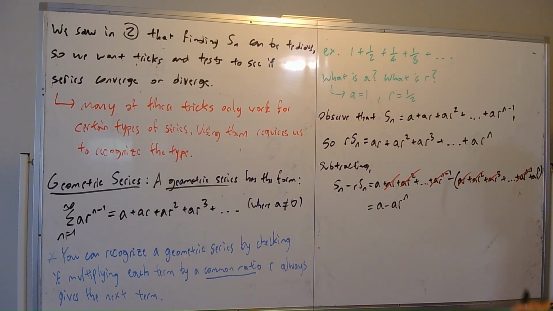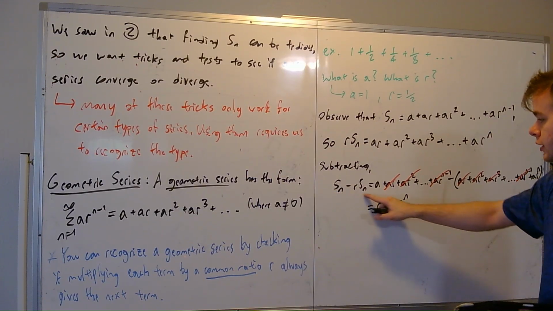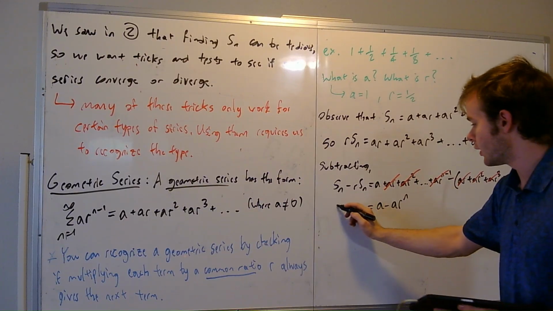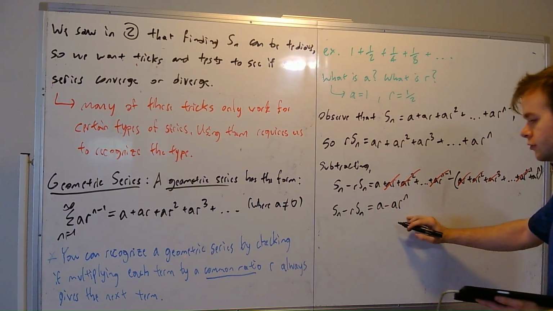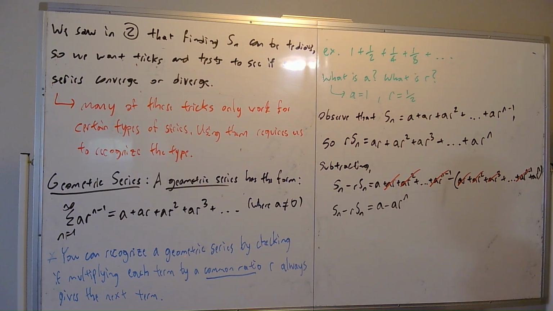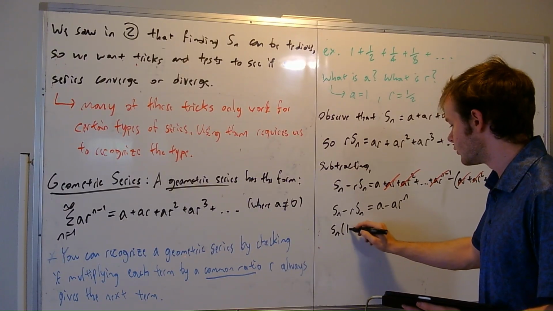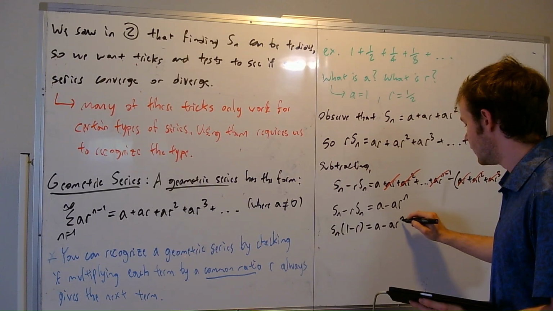Okay? So the whole goal was to solve for Sn, and now we see we can solve for it. We have Sn minus r times Sn is equal to this right side here, and now we can solve for Sn because we can factor out Sn. Sn times 1 minus r equals a minus a r to the n.